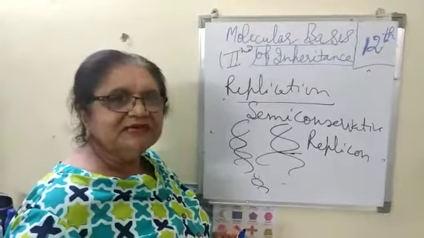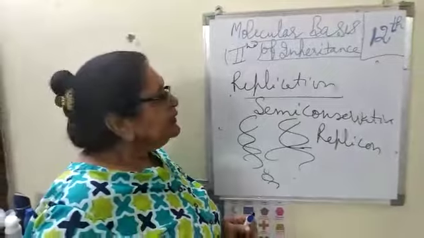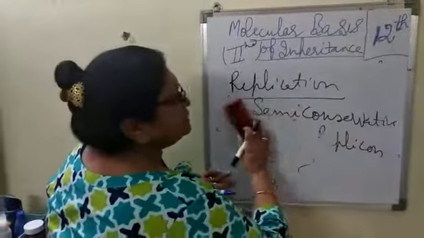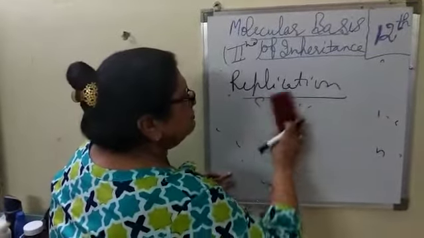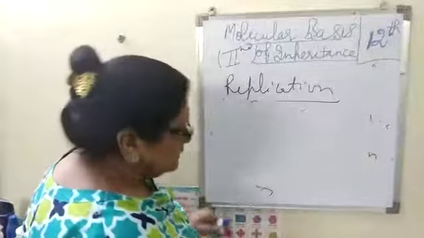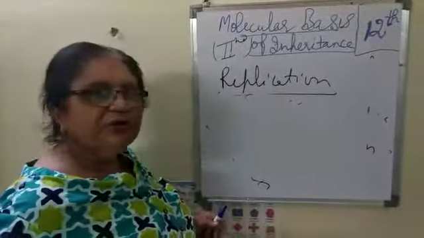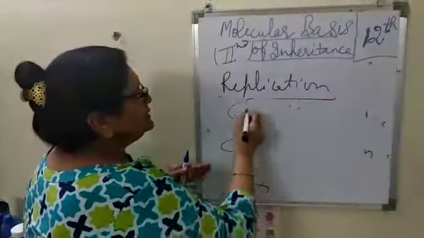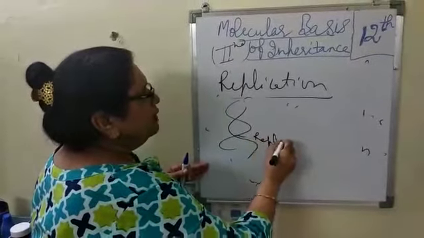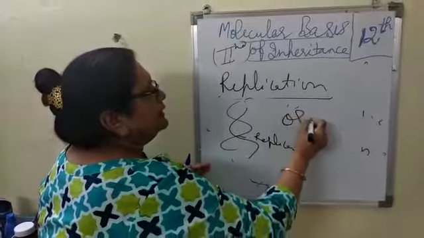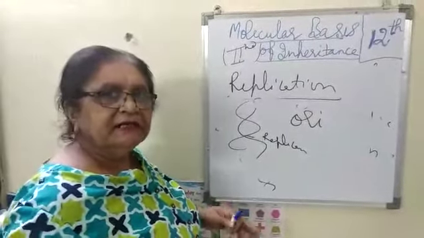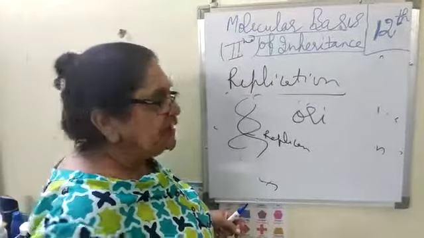What do you mean by the semi-conservative nature of DNA? Then what is the main process of replication? They form the replication fork. In NCERT, the replication fork is written. What does it mean? This is the DNA. The point, replicon or ori, the origin of replication, gives the new strand.